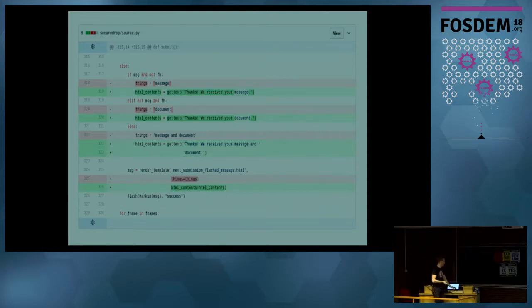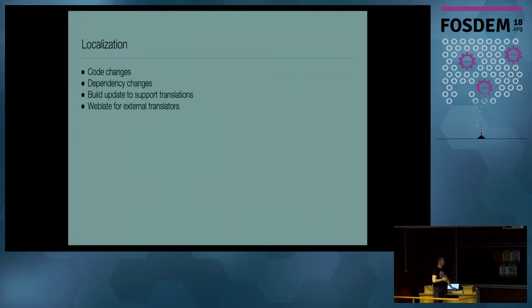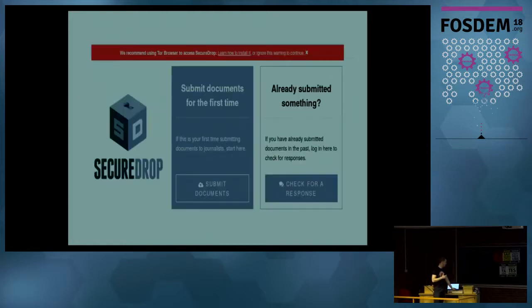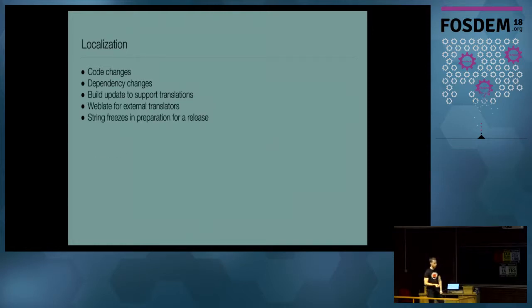On top of that, there was a whole bunch of changes we had to make to the development process. One of them was developing a workflow that allows us to submit all these strings out to somewhere where we can solicit translations from the community, build these back into the application, and also know that any feature that requires a string change has to go through a longer process or have a longer timetable, because we do require outside contributors to do these, especially as the number of languages grows.